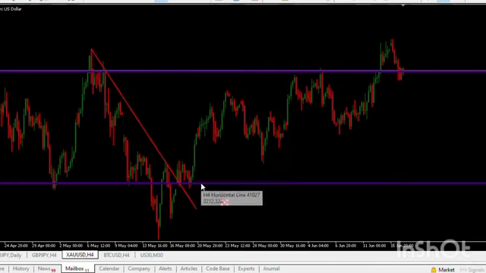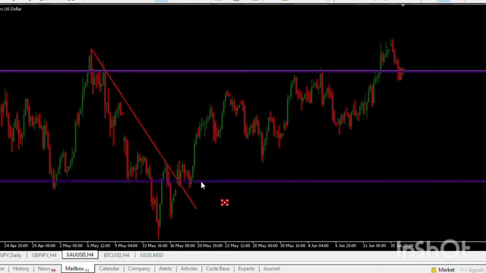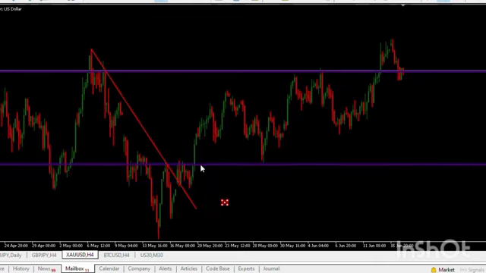But in as much as you've gotten this, you would have also waited for a break of what? The neckline. The neckline at this point was this very place that there was resistance before.